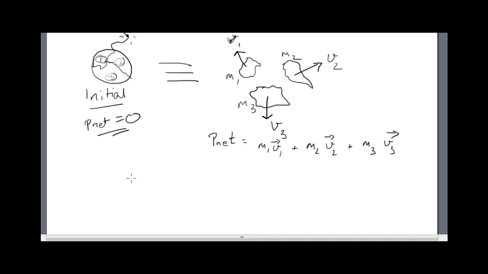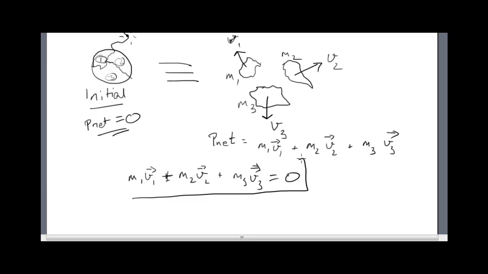Now when we equate all of these, they have to be equal to 0 because of the law of conservation of momentum. So m1 v1 vector plus m2 v2 vector plus m3 v3 vector is equal to 0. This is your final equation.